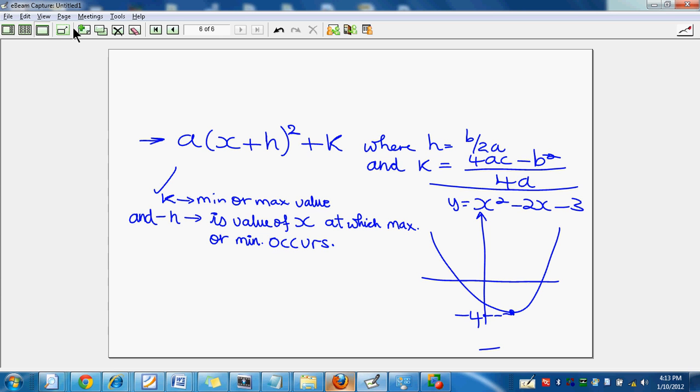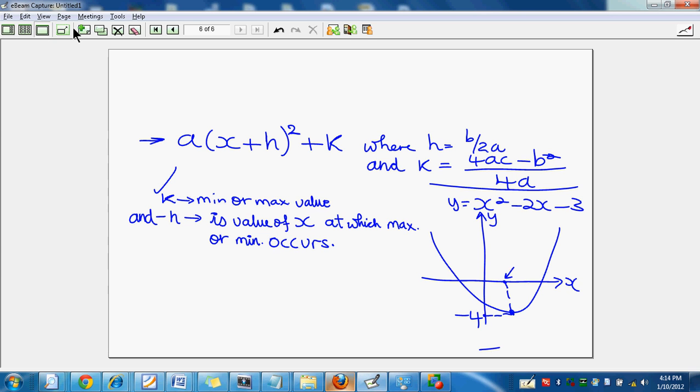And the next thing is, if this is the minimum value of the function, what is the value of x at which that minimum occurs? That's the next question in order to be able to sketch it. The value of x at which it occurs can be obtained by going up to this point here on the x-axis. Let's say this is the x-axis here, and this is the y-axis. Then the value of x at which it occurs will be right here.